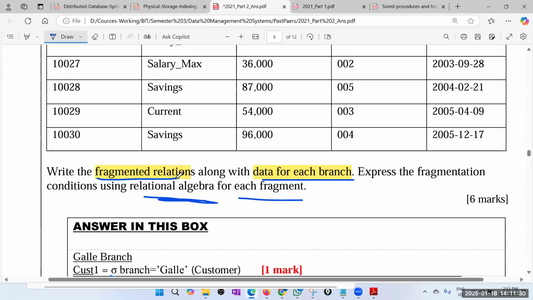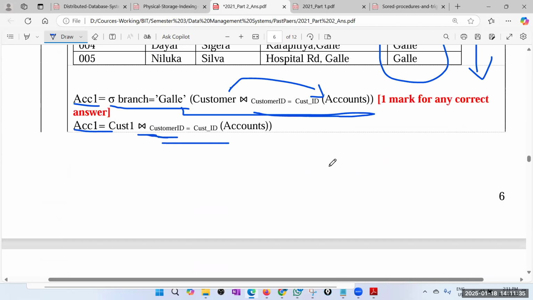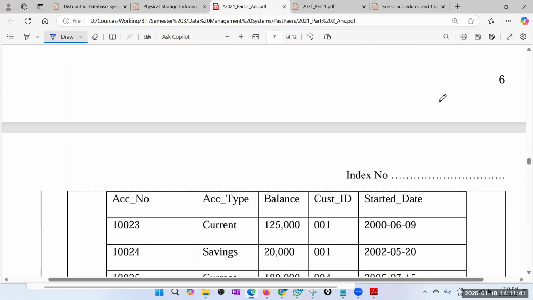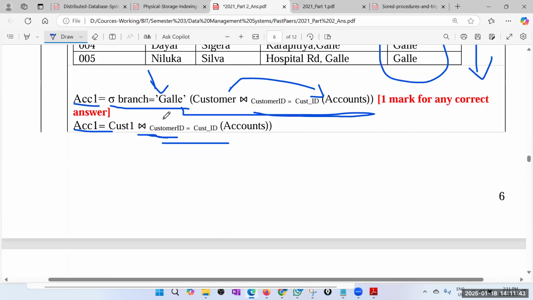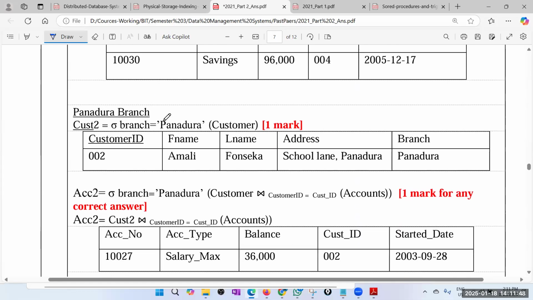Because the question says fragmented relation along with the data. Along with the data. So if you take this one as your SQL, this is the resulting data. Only the Galle people are here. Don't write everything; for Galle, write them one by one. Right.